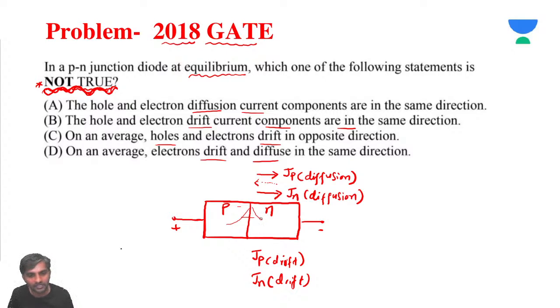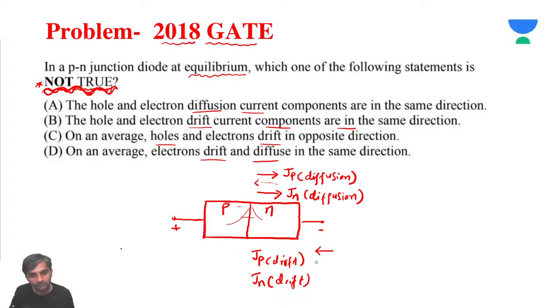The Jp drift current will be in this direction, because at equilibrium these are the minority charge carriers. The minority charge carriers in N type are holes, so they move in this direction, and the electrons in P will move in this direction.